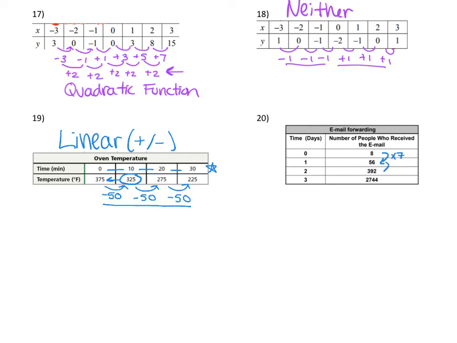So let's see if that pattern works again. 56 times 7. Oh, well, that's 392. And let's try it again. 392 times 7 is 2,744, excuse me. So since I'm multiplying by a common number, that means this is an exponential function.